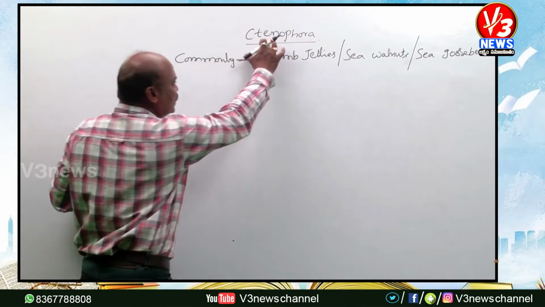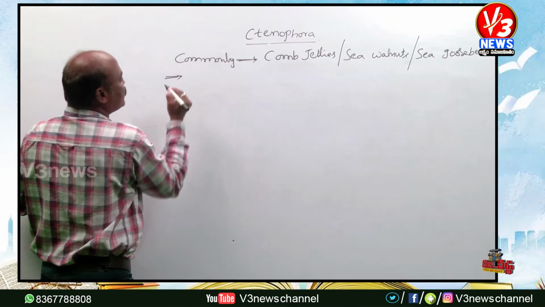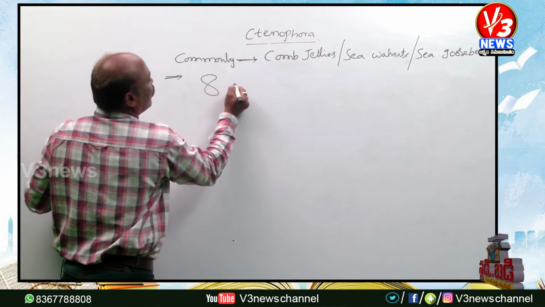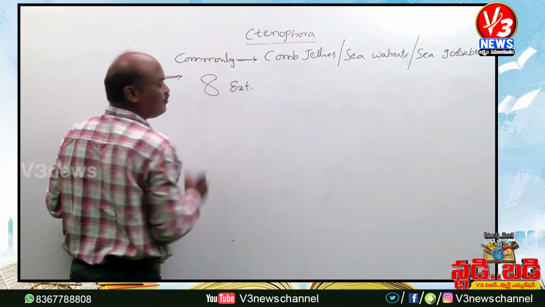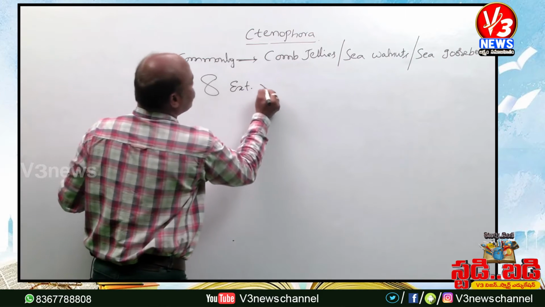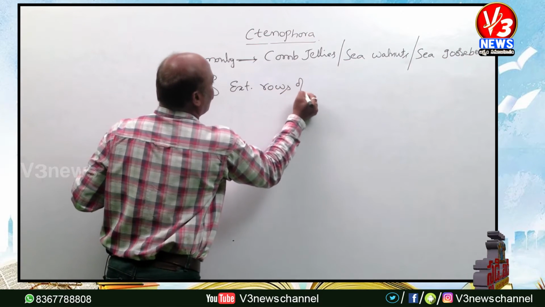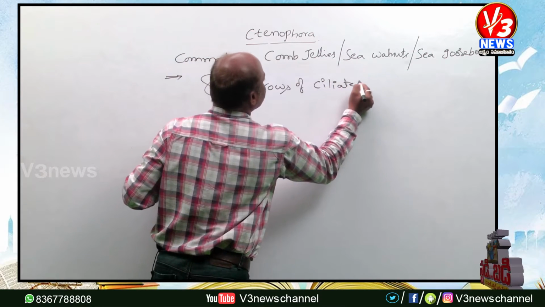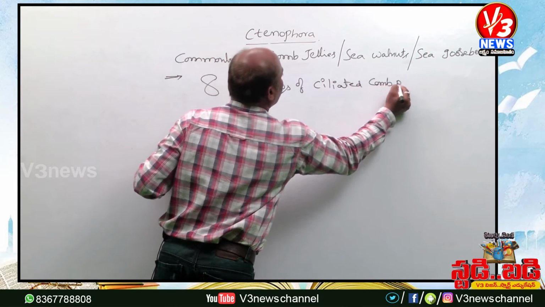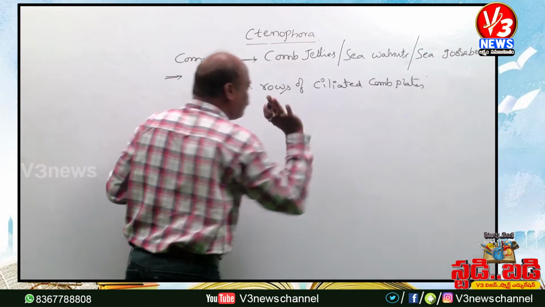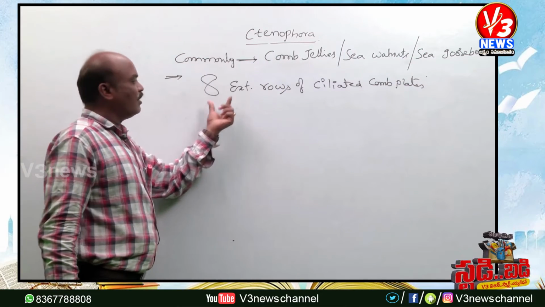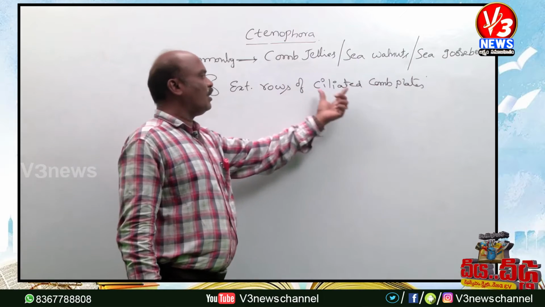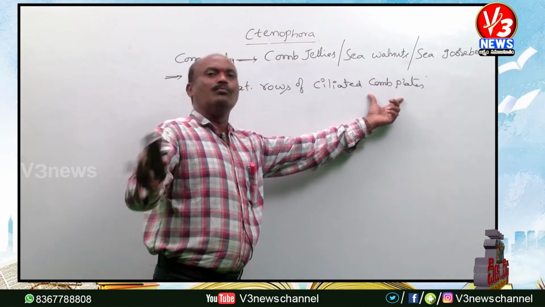They possess 8 external rows of ciliated comb plates.